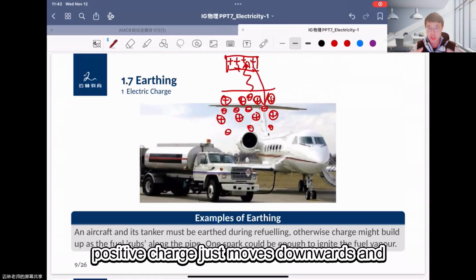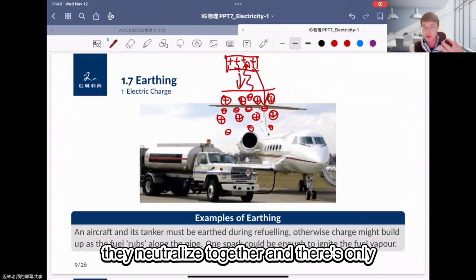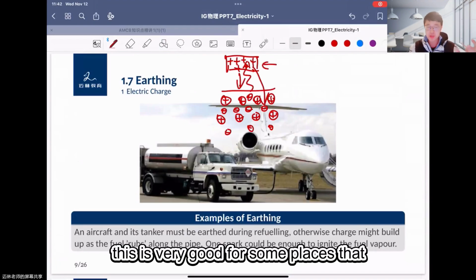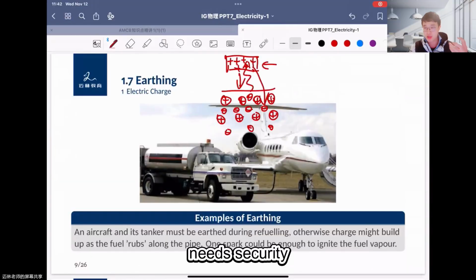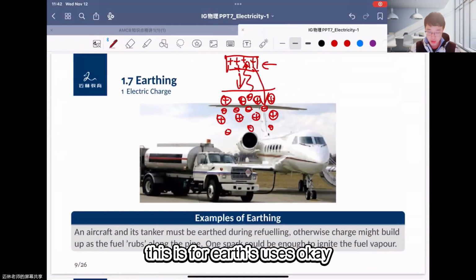The positive charge moves downwards and they neutralize together, so there is no charge left in the substance. This is very good for places that need security and need to have no charges, right? This is the use of earthing.